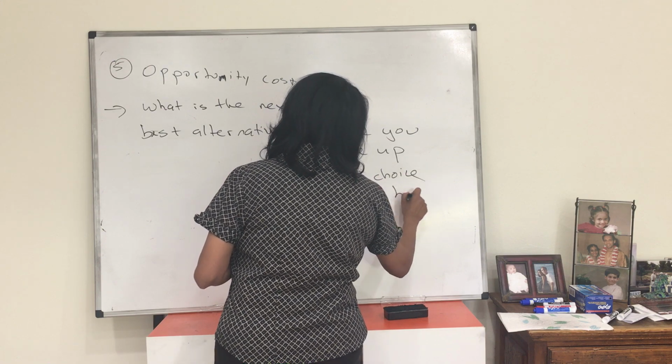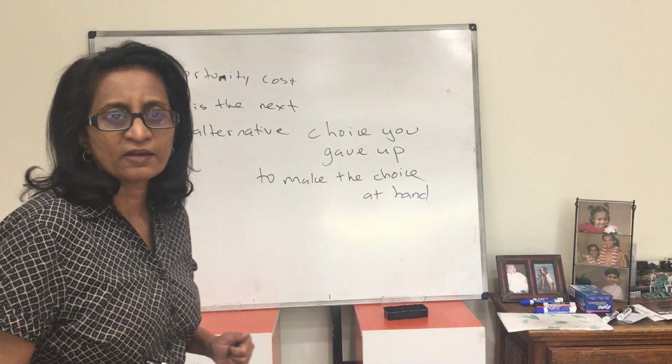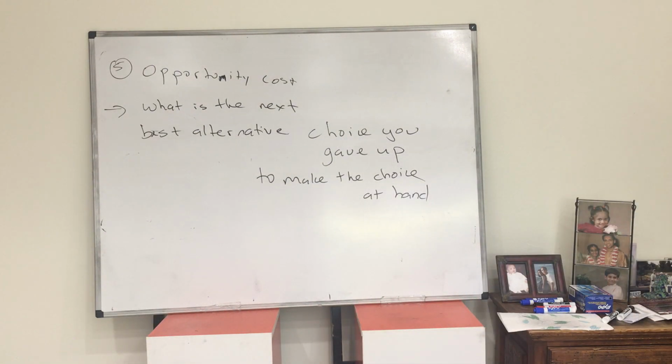In other words, to make the choice that you made, what is the next best alternative you gave up? So I'll just move out, we copy that, and then we will go to an example now.